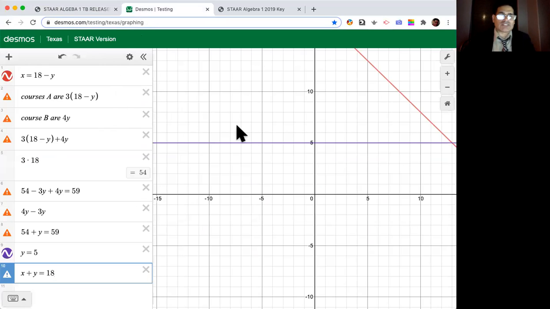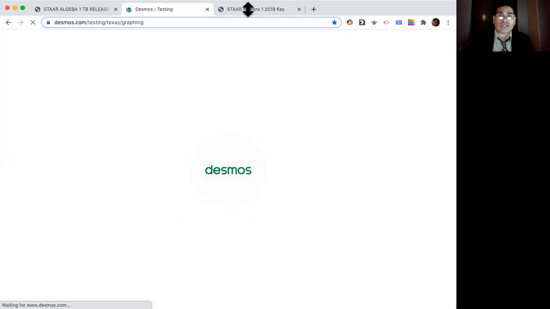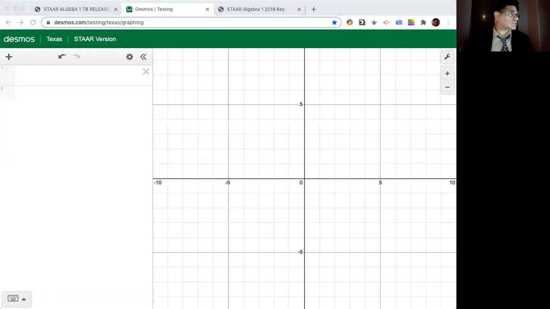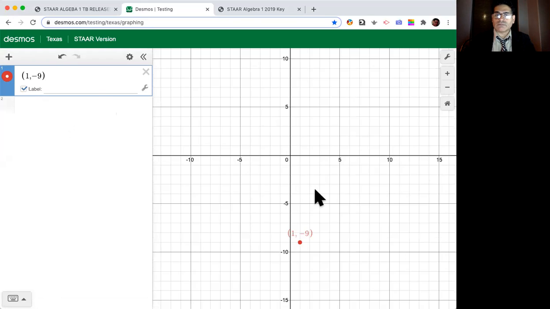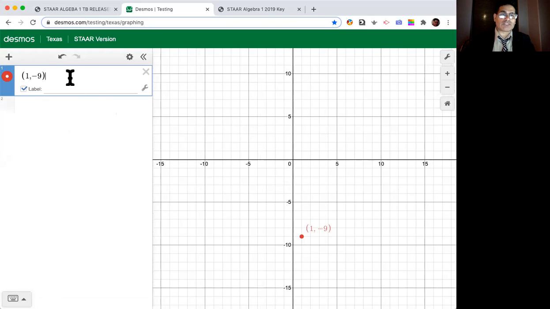Let's clear all of that out. The point was (1, -9). We want to label it, and put a comma and put the point on in the same box.